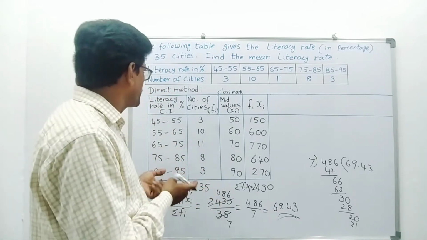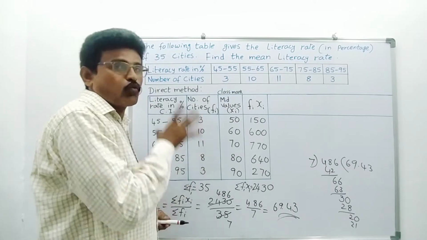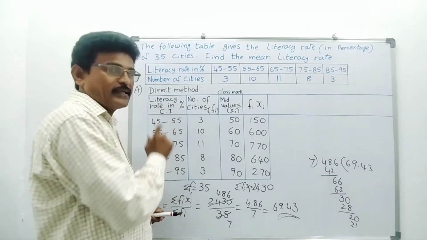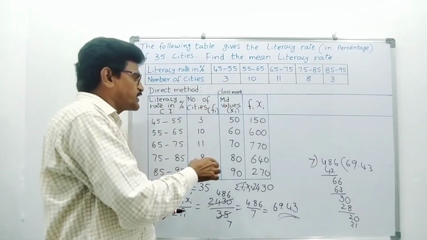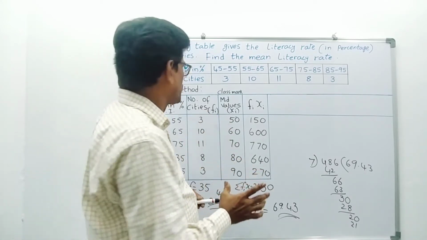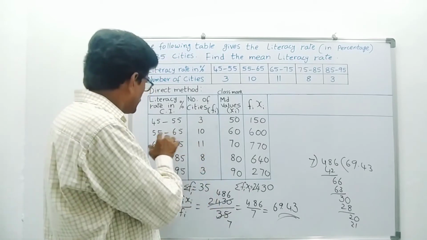So what are we doing here? The literacy rate and number of cities we are entering in vertical columns. First one is the class interval, Ci. In shortcut you can write class interval Ci. Now the number of cities is Fi. Immediately you find the mid values of the class intervals. So 45 to 55, mid value 50. Next one is 60.